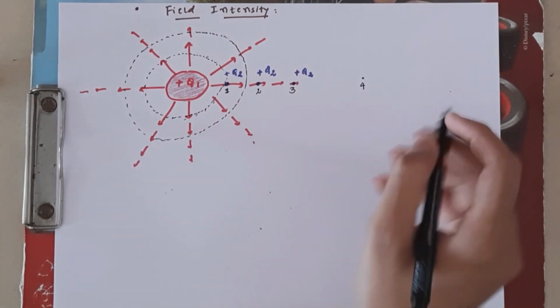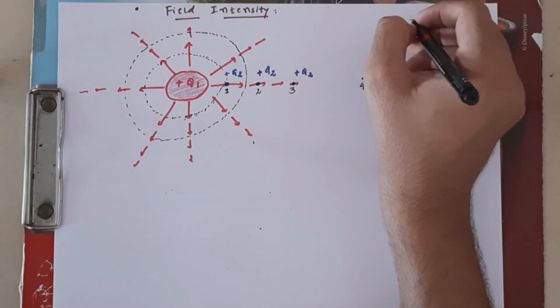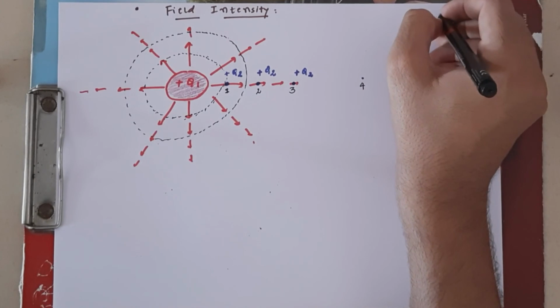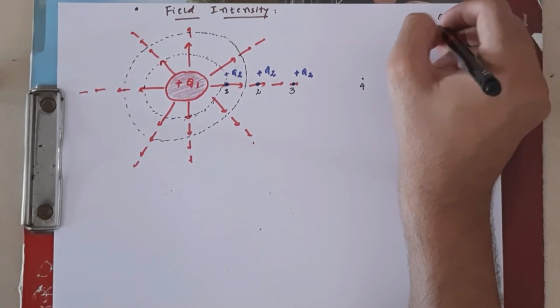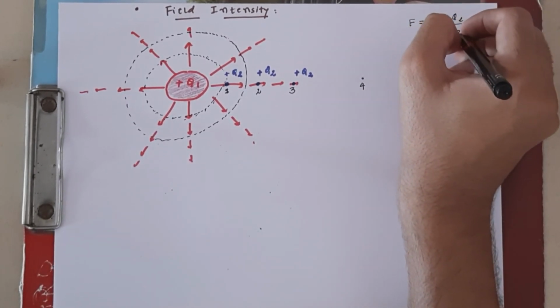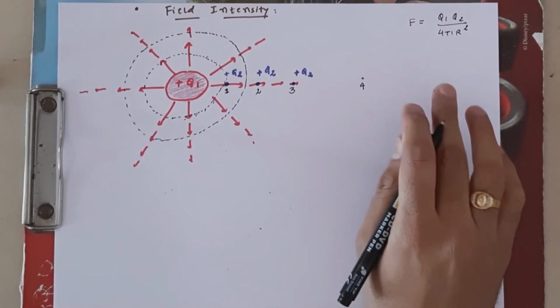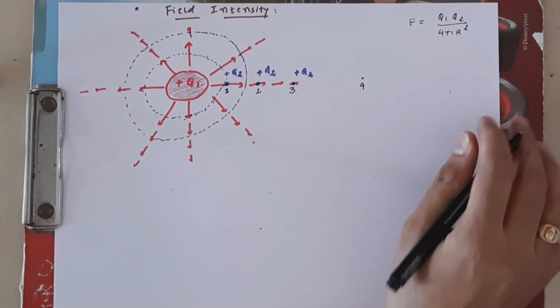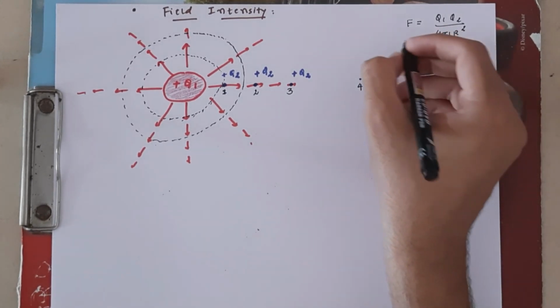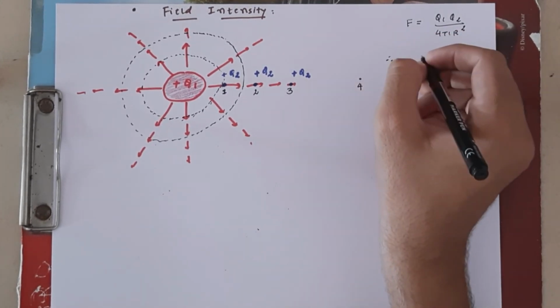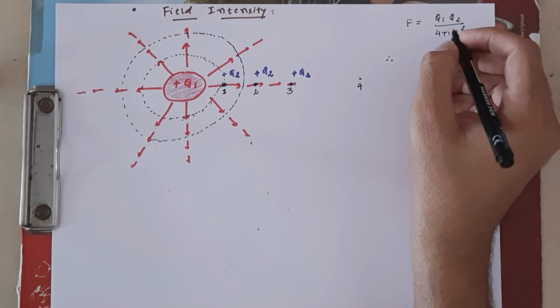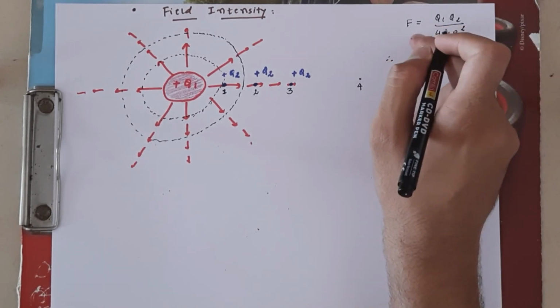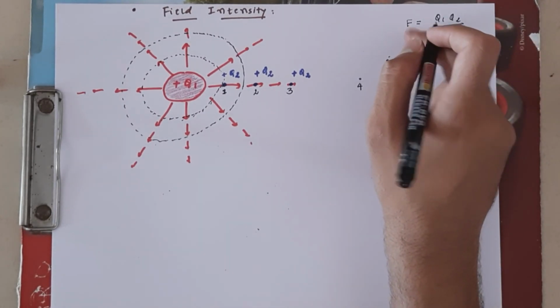But as per the definition, we know what the force equation is. The force F is equal to Q1 Q2 upon 4 pi epsilon r square. I have to consider only its magnitude, though you can consider the vector also. Now as per the definition, what is electric field intensity? Electric field intensity means force per charge.